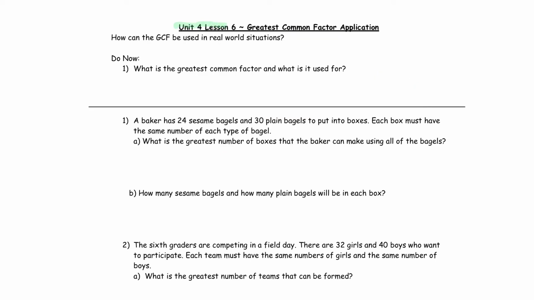Unit 4, Lesson 6, Greatest Common Factor Application. How can the GCF be used in real-world situations? Before we move on, what is the greatest common factor and what is it used for? So when we think about the greatest common factor, it is the largest factor that two composite numbers or prime numbers have in common.